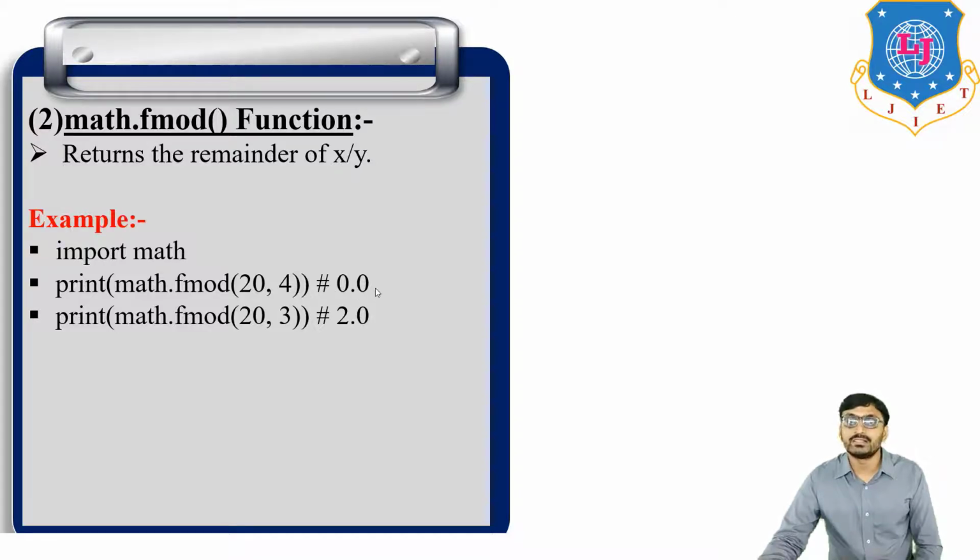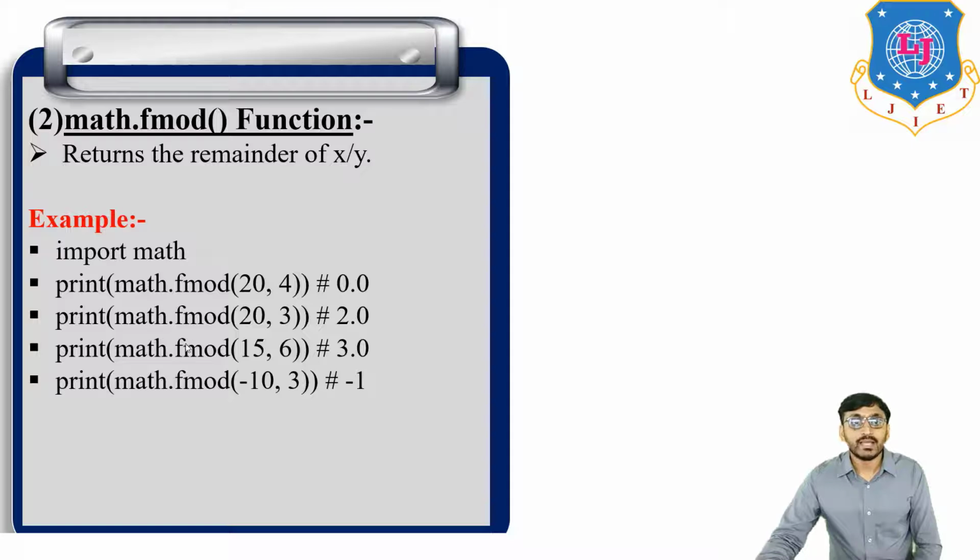So 0.0. Then print math.fmod(20, 3). 20 is x, 3 is y. If we divide 20 by 3, we get remainder 2, but the answer is 2.0. Then print math.fmod(15, 6).